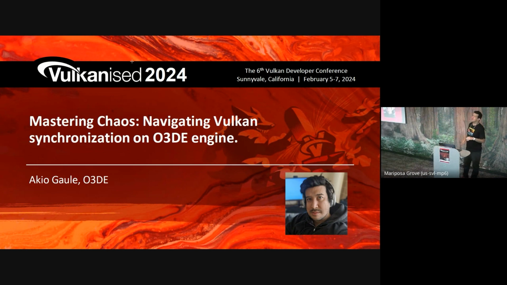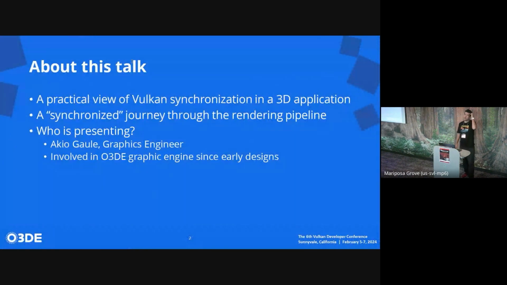Hello, everybody, and welcome to Mastering Chaos, Navigating Vulkan Synchronization on O3DE engine. Full disclosure, that title was generated using ChatGPT, by the way. So synchronization is one of the most complex subjects on Vulkan, or at least it was for me.